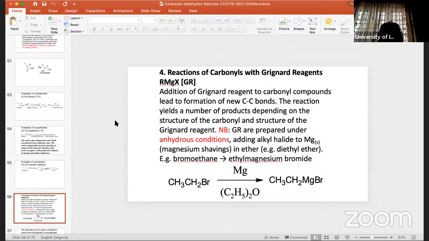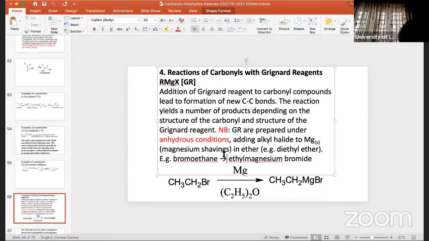Another important one, which I mentioned the other time, is when you react any of these carbonyls with Grignard reagents. Now, how do we even form a Grignard reagent? That one we treated under ethers. If you recollect very well, under dry ether, magnesium will react with any alkyl halide to produce our Grignard reagent under anhydrous conditions. So over here, ethyl bromide will give us ethyl magnesium bromide as our Grignard reagent.